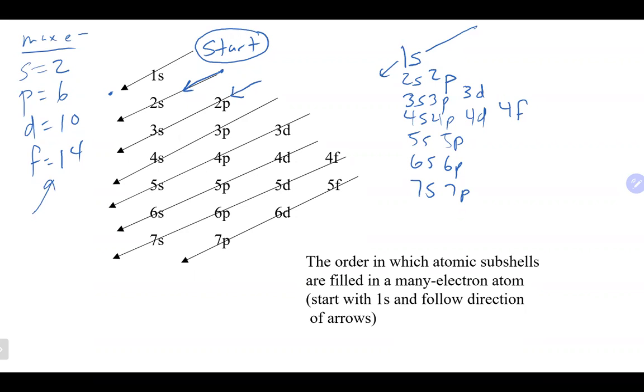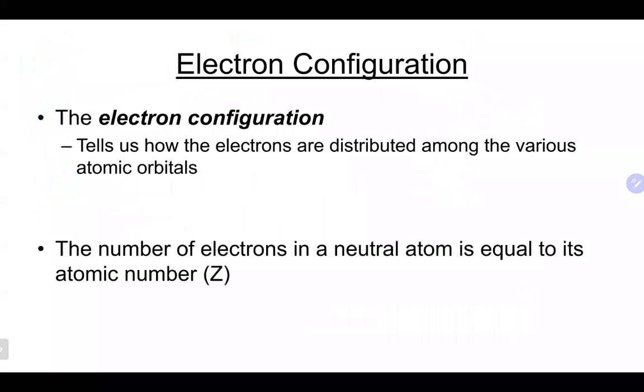Okay, then let us actually do electron configuration. Electron configuration is basically the distribution of electrons in the various atomic orbitals. It's an accounting for where we find all the electrons within an atom.